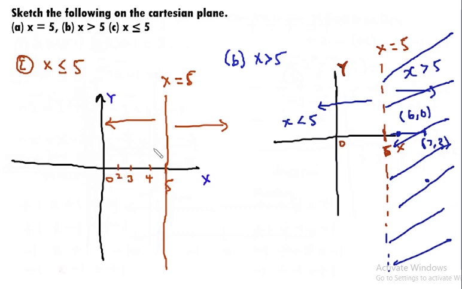So any points I pick on this side, let's say I pick this point, 4, 0. 4 is less than or equal to 5. So this inequality holds true. So this is the side where we'll be sketching. So my sketch will look like this. Sketch here.